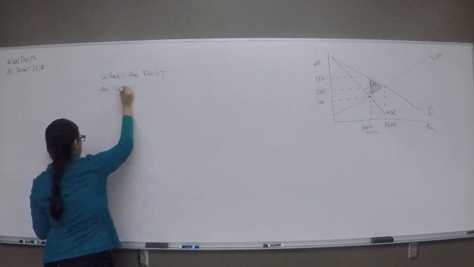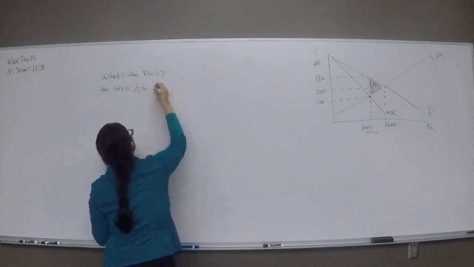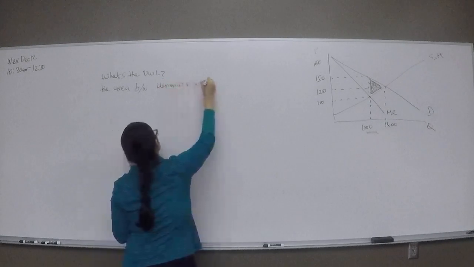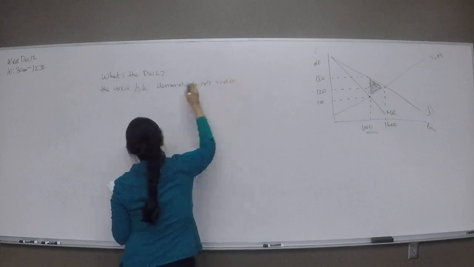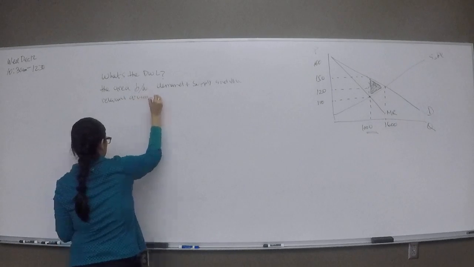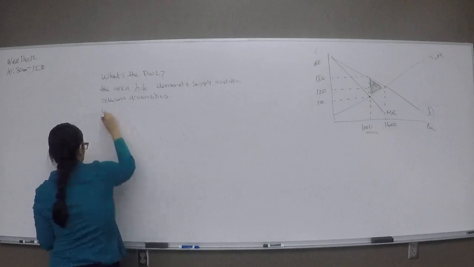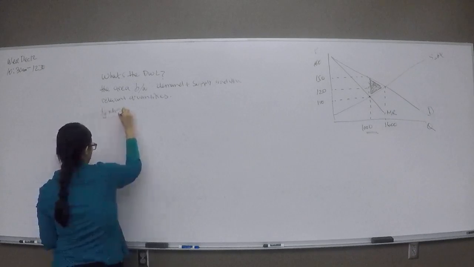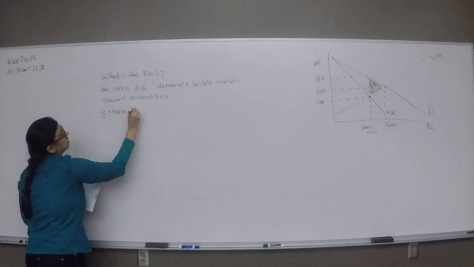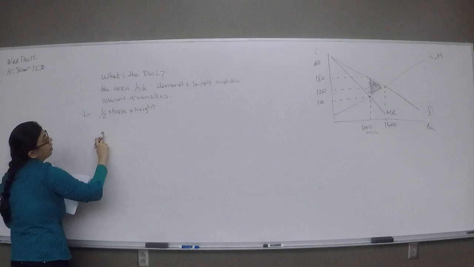The area between demand and supply and the relevant quantities. So in this case, we're going to use the half times base times height formula, the area of the triangle formula.